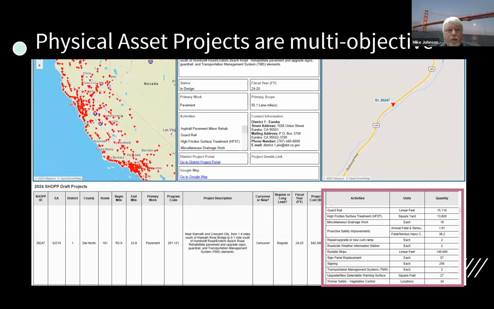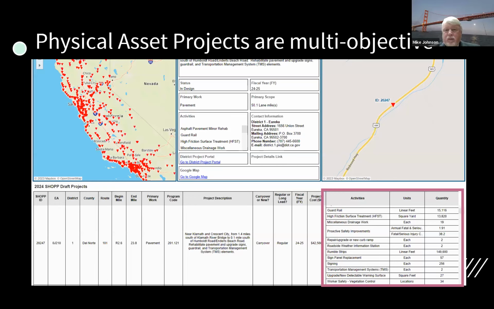So here's an example. I highlighted this section. There's a lot going on here, but at the bottom there's this kind of pinkish box, and in that box, this is a pavement project by definition, but this project is also doing some vegetation control for worker safety. It's putting some guardrails in.